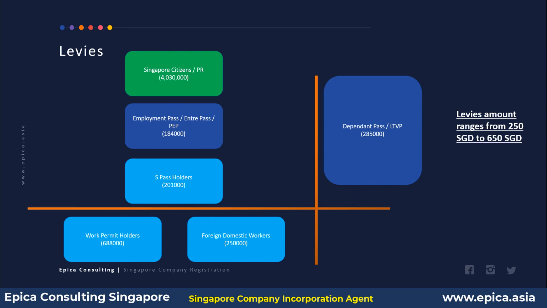So if you are using a lower quota, for example the quota allowed is 38%, and you are using only 20% of the quota, then the levy will be less, whereas if you are using full, then the levy will be high. Of course, this quota calculation does not come into picture when it is a question of foreign domestic workers, that is the maids, because normally every household will employ only one maid.